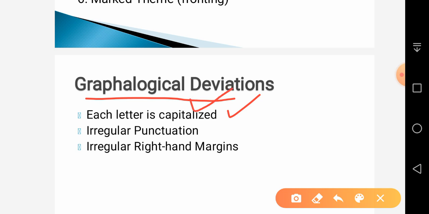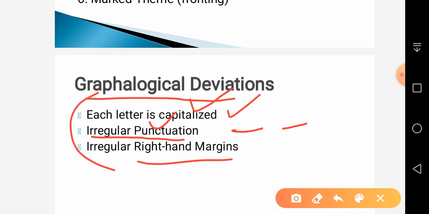Usually we don't do it. Then irregular punctuation. Here Emily Dickinson, an American poetess, can be cited. She is in the habit of using dashes. So this is another deviation. Then right-hand margins. In metrical compositions, these irregularities are found. So they belong to graphology.